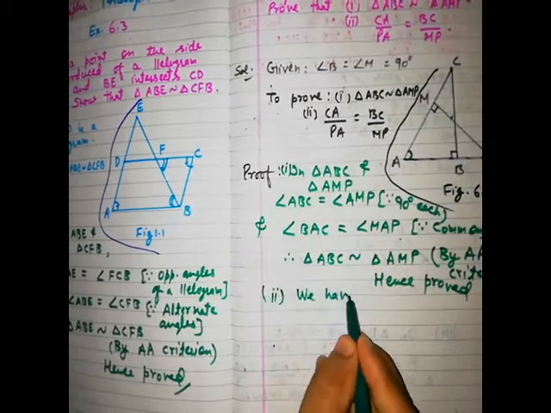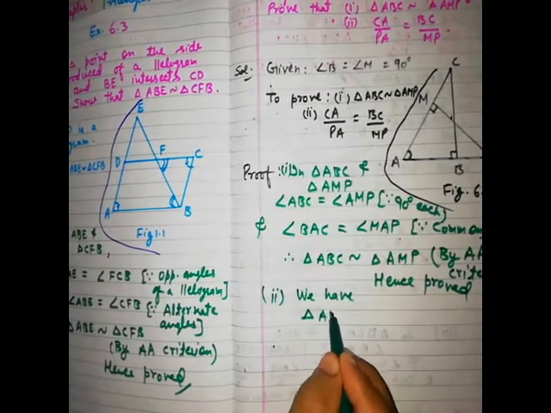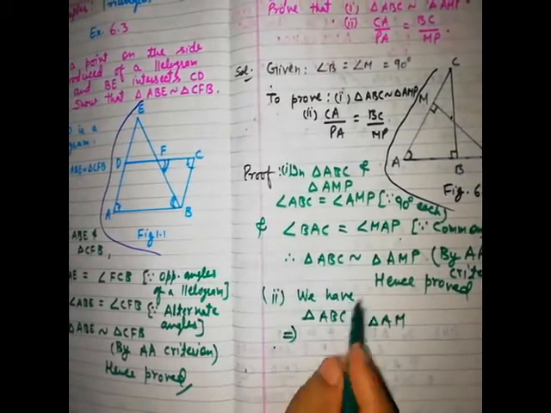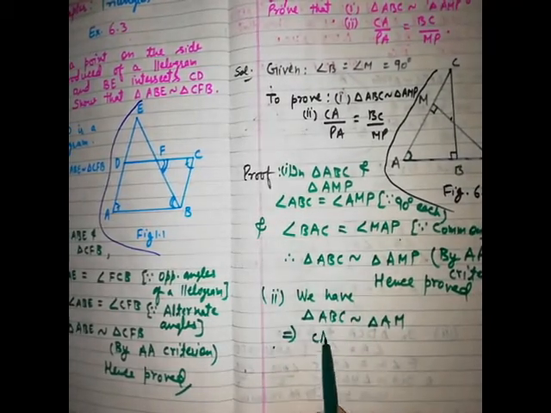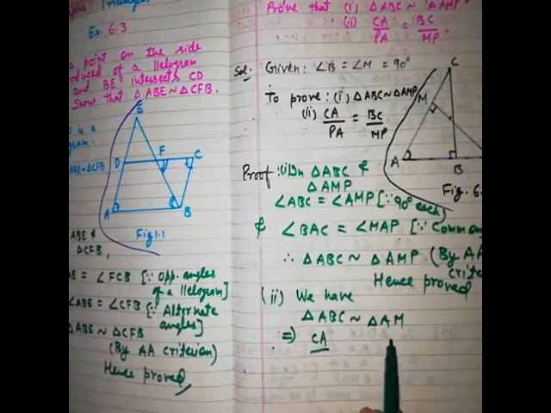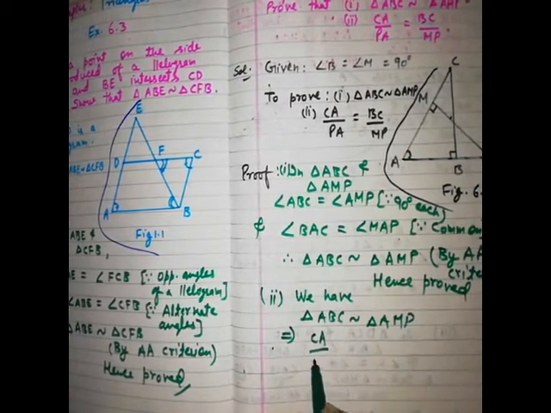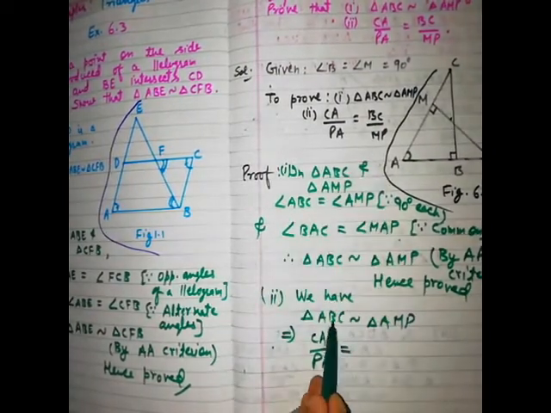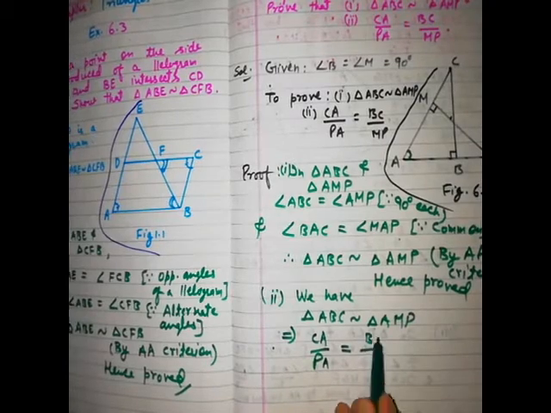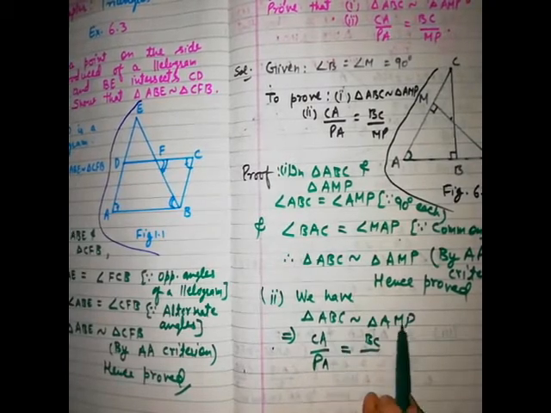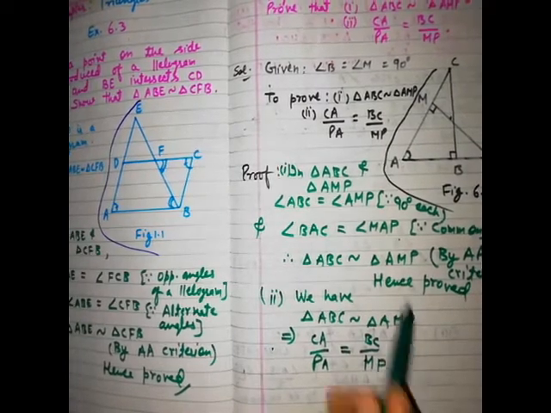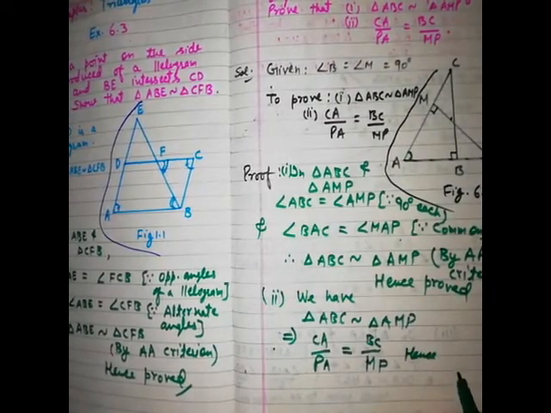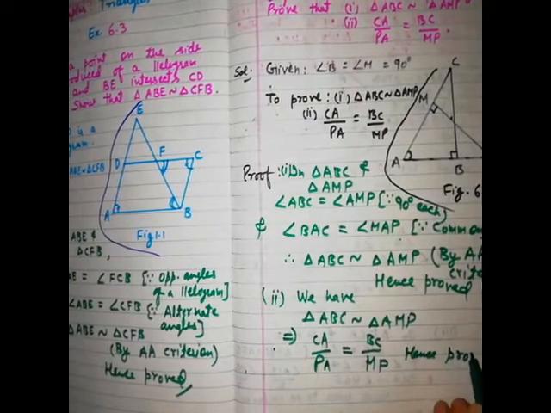We have triangle ABC similar to triangle AMP, which implies CA upon PA is equal to BC, and corresponding to BC is MP, and this is what we have to prove, hence proved. This way question number 9 will get completed.